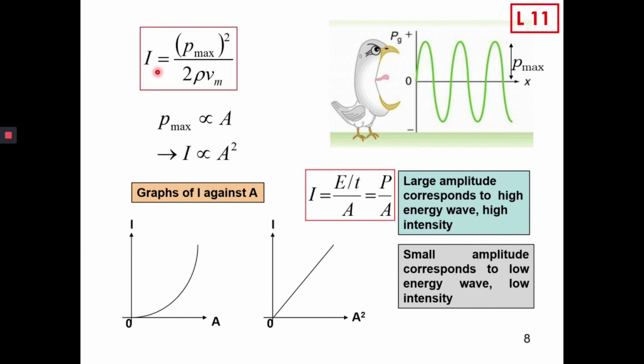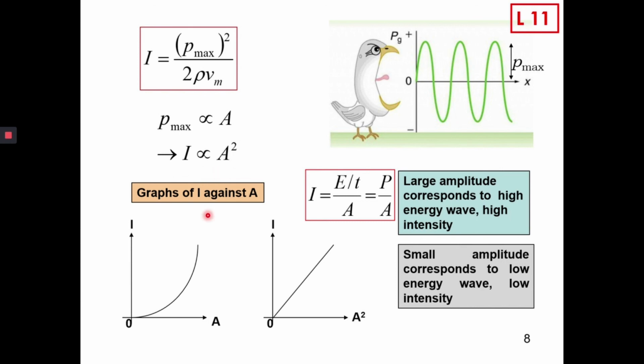So the relation between intensity and maximum pressure, which is the amplitude, is directly proportional. In the matriculation syllabus, you just need to know that the intensity is directly proportional to the amplitude squared.